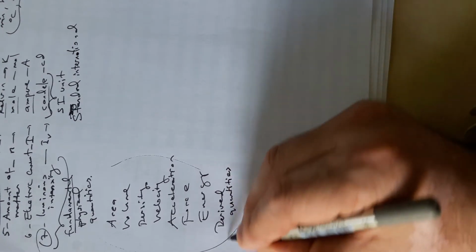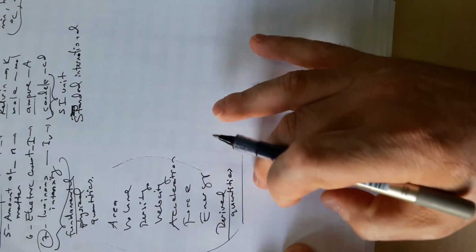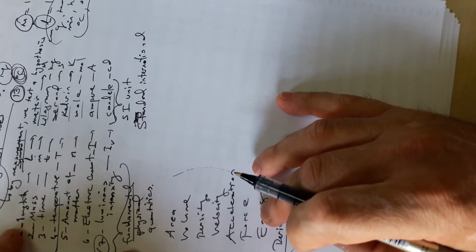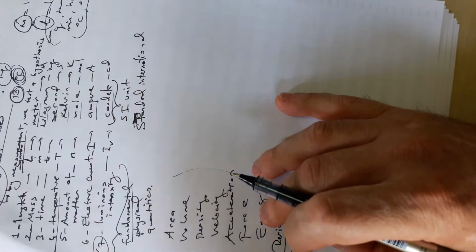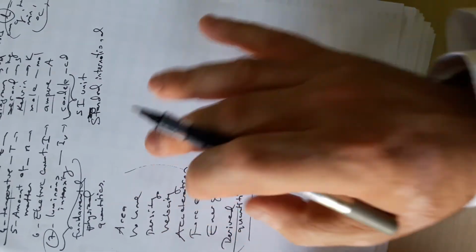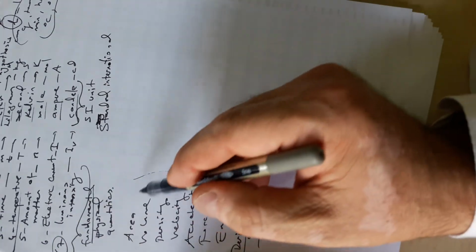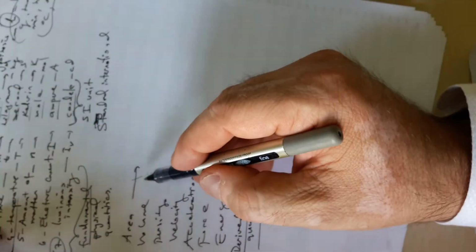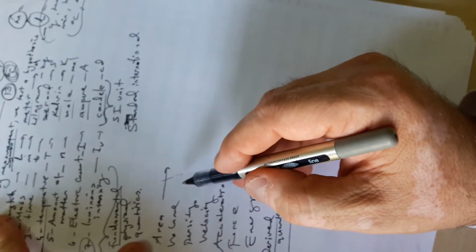What does it mean, derived? It means these quantities are obtained from fundamental quantities. By different combinations of the fundamental quantities, we get those quantities. For that reason, every derived quantity has a dimension in terms of the fundamental quantities.